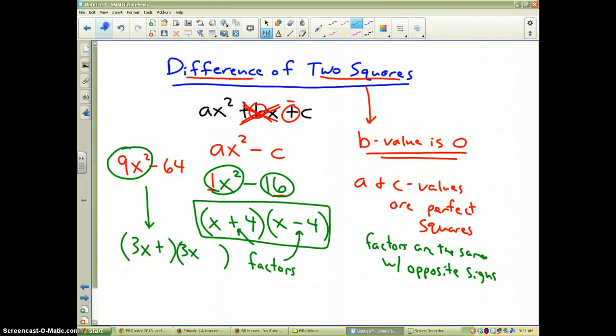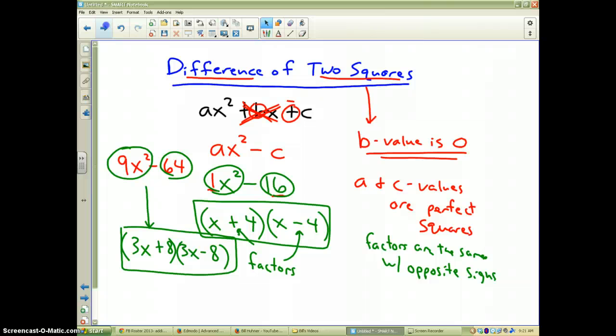The signs are opposite, and 64 is 8 times 8. So I put 8s there, and there are my factors for my difference of two squares. And that is how you recognize those and how you factor them. So two special cases, the perfect square trinomials and the difference of two squares, and that is how you handle both of those cases.